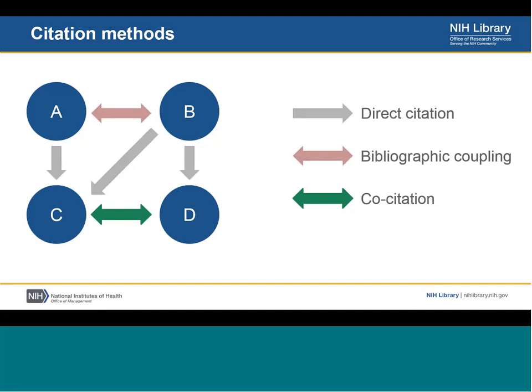That happens. Sometimes we'll also lose documents if we prune this bibliographic coupling network. So if we're only interested in papers that share 2 or more references with one another, if papers only share 1 reference, they will get dropped from the bibliographic coupling network. So as we're working with these networks, we do tend to lose some amount of papers over time. That's just a result of this particular approach.